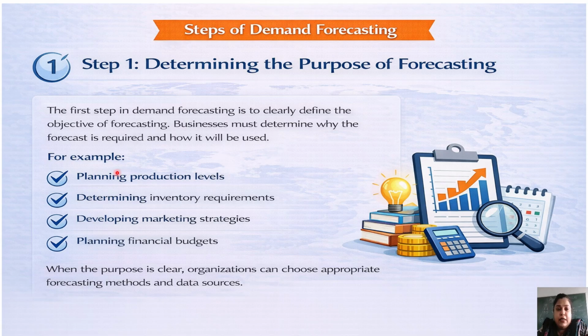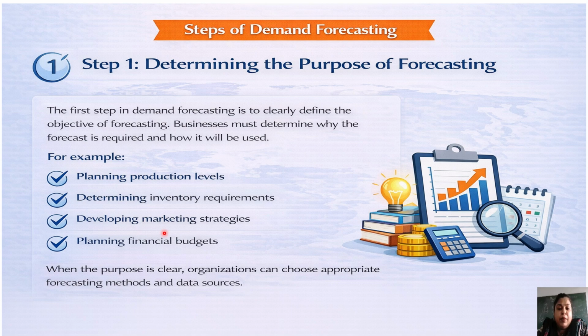The forecast is required for planning production level, as you know very well, how much should be produced and what is the production level. It is very important for planning the production. The next one is determining inventory requirement, it means storage requirements, only essential production should be made.